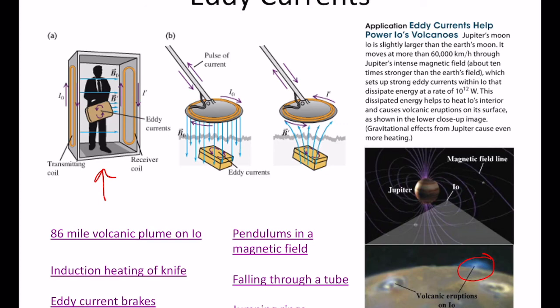And the eddy currents caused by Io moving so rapidly through Jupiter's magnetic field cause Io to heat up. So Io's volcanism is caused by the eddy currents, which are the result of its motion through Jupiter's magnetic field. But that is the second most important reason. The most important reason is called tidal flexing, which we really don't have time to discuss.